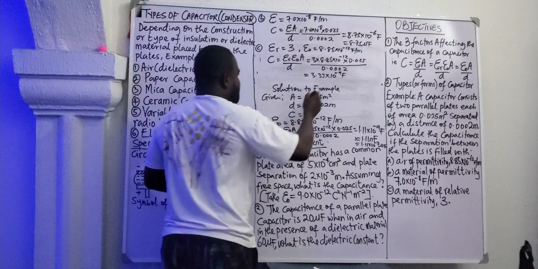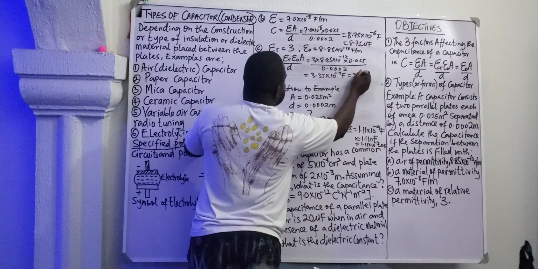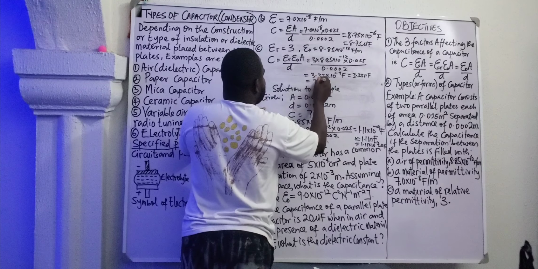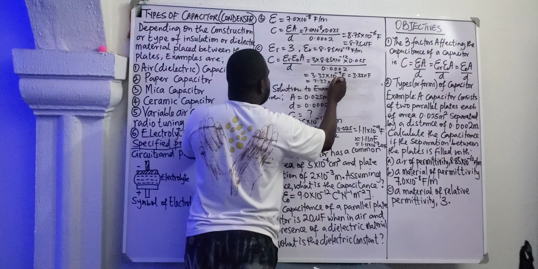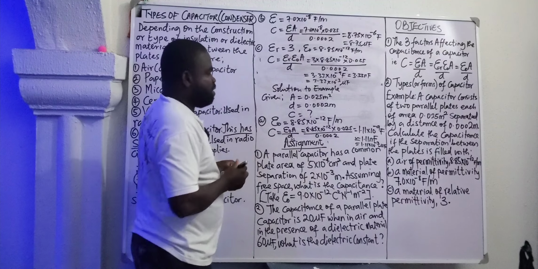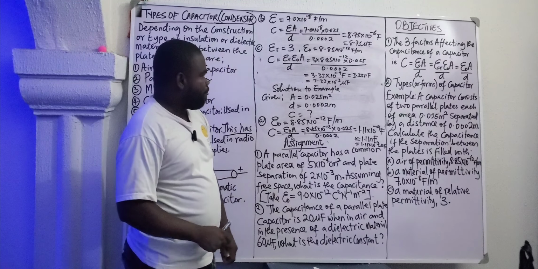Of course, you can write this as 3.33 nanofarad, or you can write as 3.33 times 10 raised to the power of minus 3 microfarad. Good. Any of these are correct answers for the capacitance.